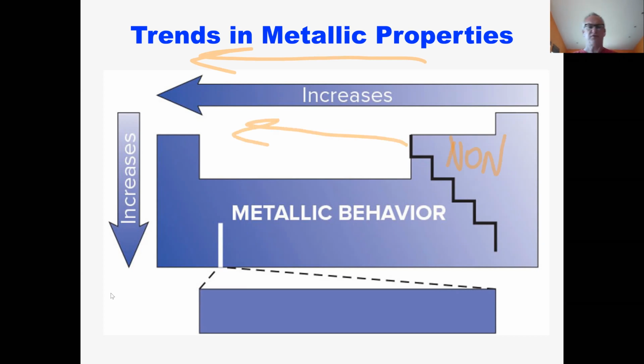But what also is true, as they get bigger, they become more metallic in nature too. Because, as we've learned, as the atom gets bigger and bigger, those electrons on the very outside, the valence electrons in the furthest shell away from the nucleus, are held onto less and less tightly by the nucleus because they're far, right?